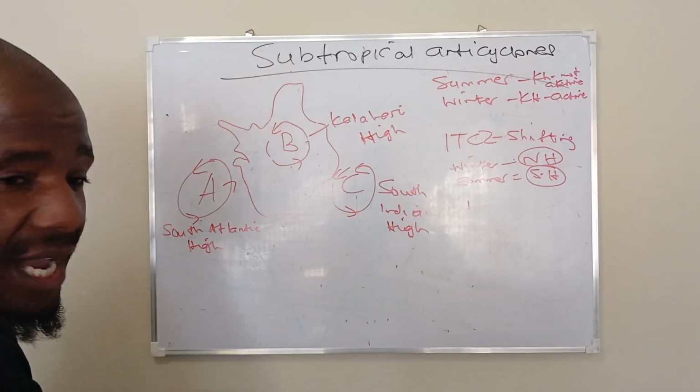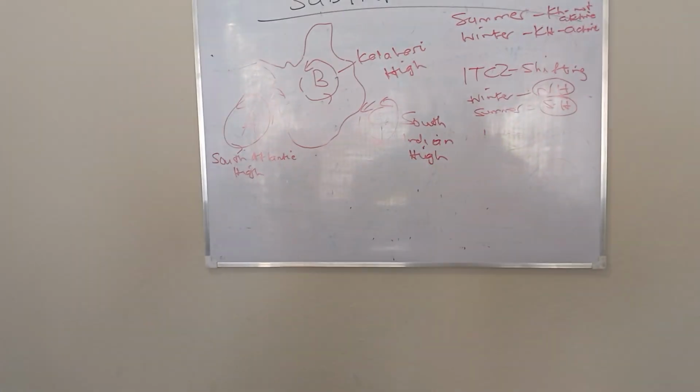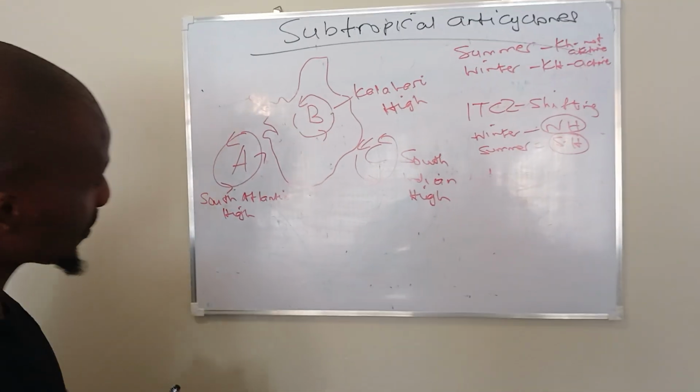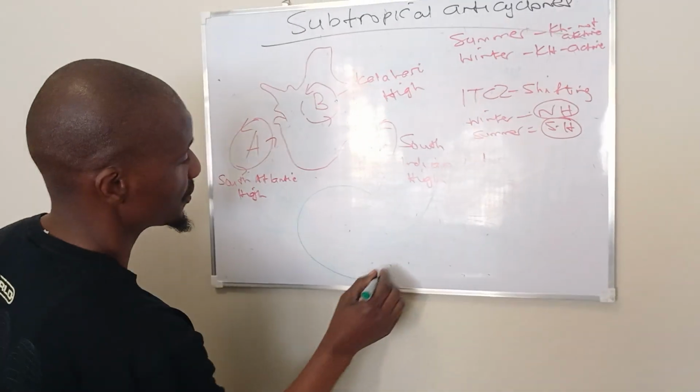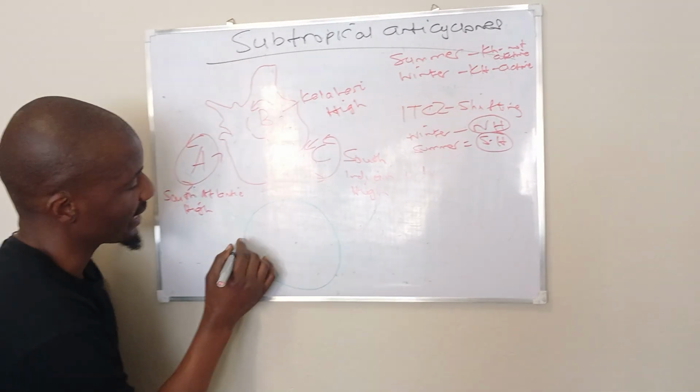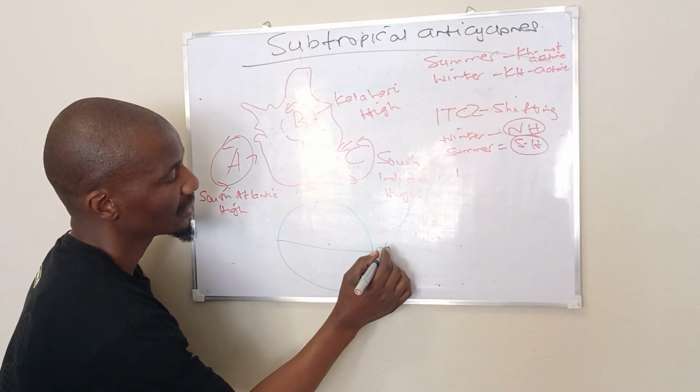I think if I can take you back to the first video. You remember we had a diagram like this about the global air circulation, where we identified the pressure belts.